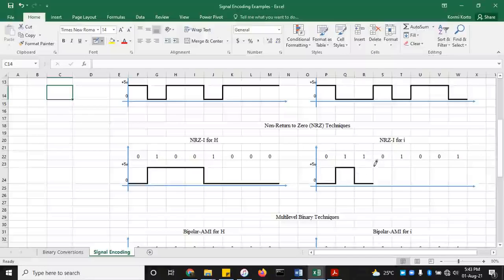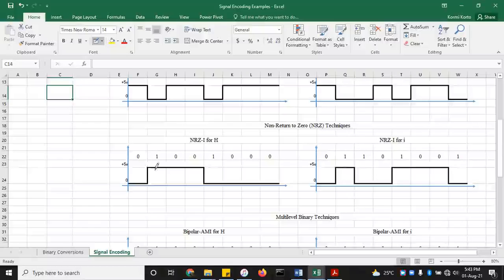Okay, now 1 to 0, no transition, so we just remain there. Now we have 0 to 1, we have to transition based on the rule. So we are going from low to high now. 1 to 0, no transition. So we're just there. 0 to 0, no transition. But we have 0 to 1, there has to be a transition based on the rule. So from high to low.